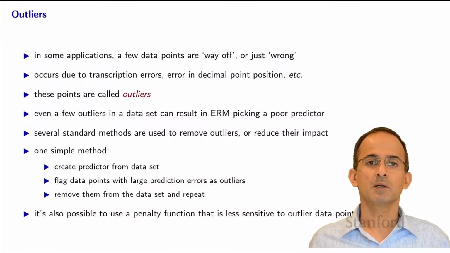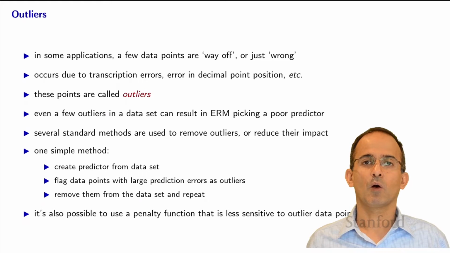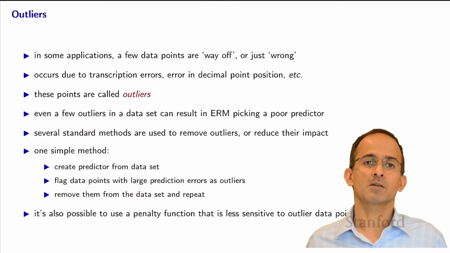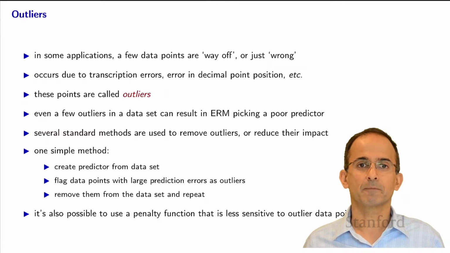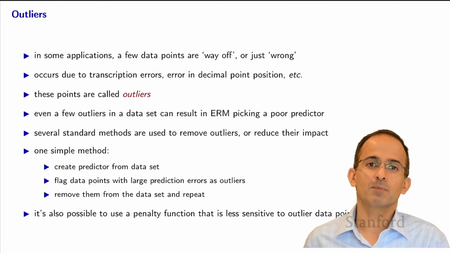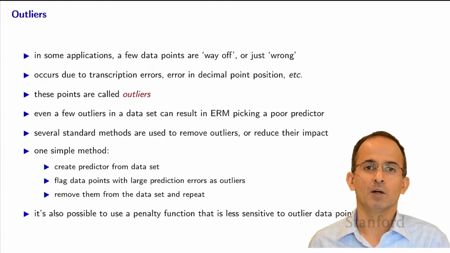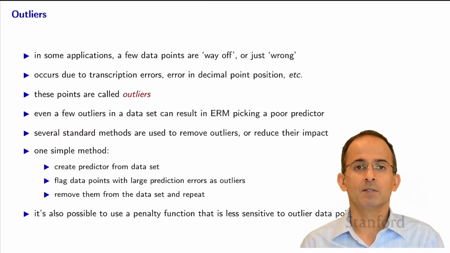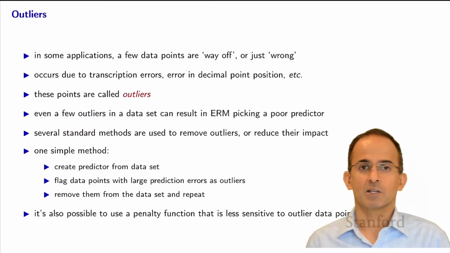Now I want to switch to another type of error that we might want to shape, and that's the case of outliers, and this is called robust fitting. So in some applications you have a few data points that are just wrong, that are just way off. Sometimes this occurs because when the data was entered or transcribed, it was entered incorrectly.